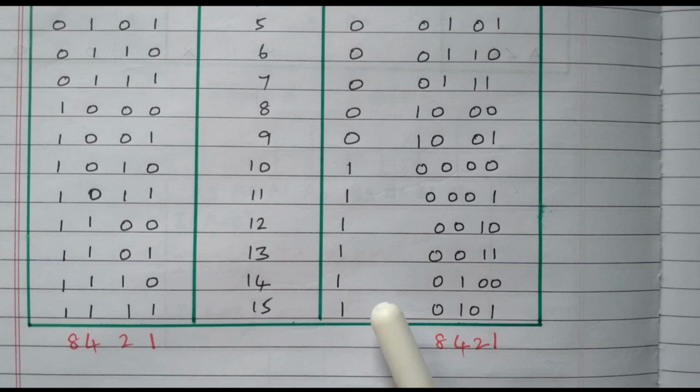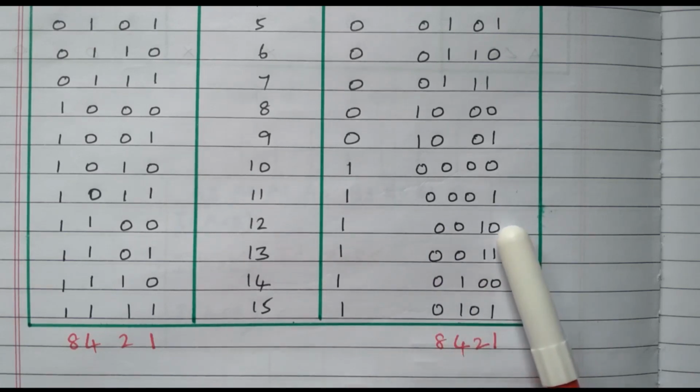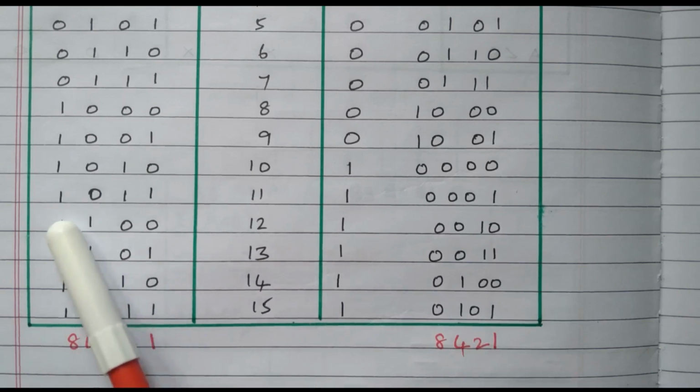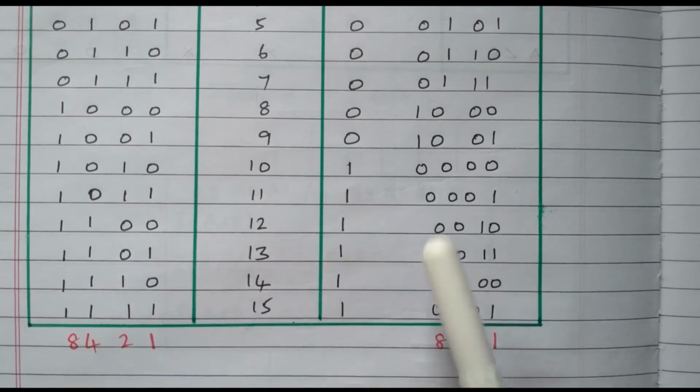Now we have 5 terms available: D0, D1, D2, D3 and D4. The values available are 1, 0 like that. For this we need to get the Boolean function in order to implement it with logic gates, so that binary will be converted into BCD. By using logic gates we can convert from binary to BCD.